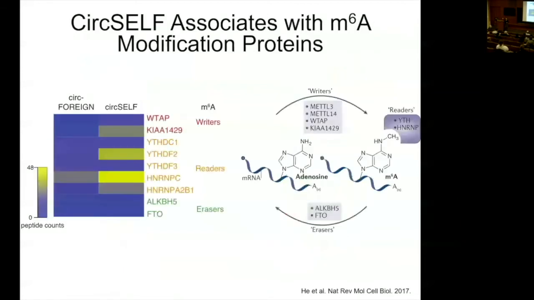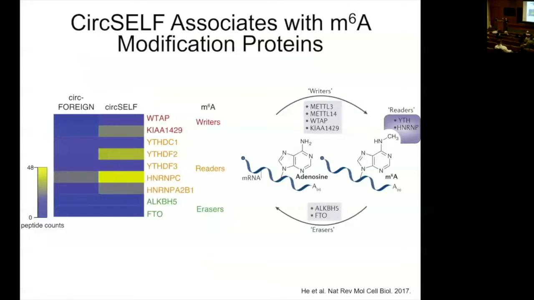And we found that a specific category of proteins came up as highly differentially expressed or binding to CircSELF and CircFOREIGN. And these are proteins associated with an RNA modification, N6-methyladenosine. So we find that there are m6A writers that install the modification, there are readers that recognize the modification, and there are erasers that remove this modification.